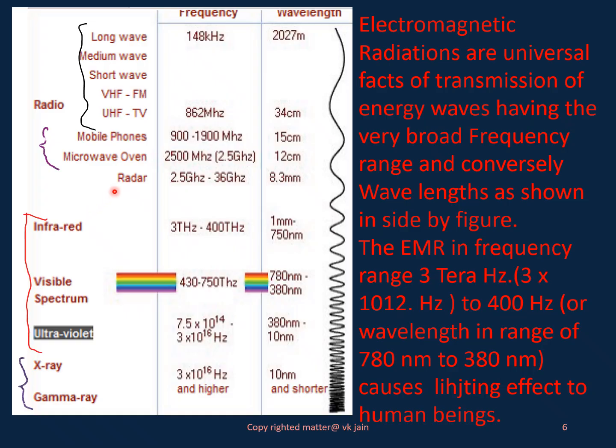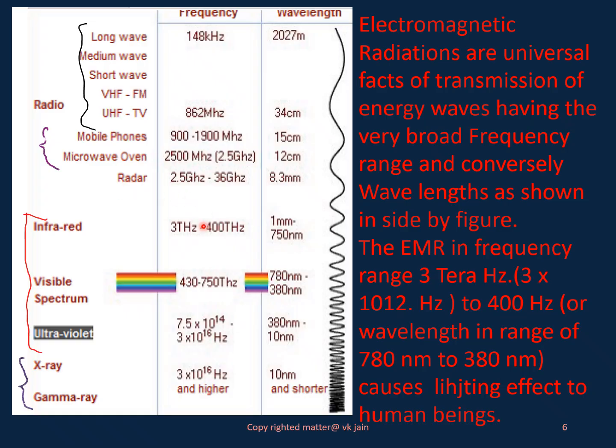The other wavelengths of 900 to 1900 megahertz are utilized in mobile phones, and 2.5 gigahertz is utilized in microwave oven. 2.5 gigahertz to 36 gigahertz are utilized for radar systems.